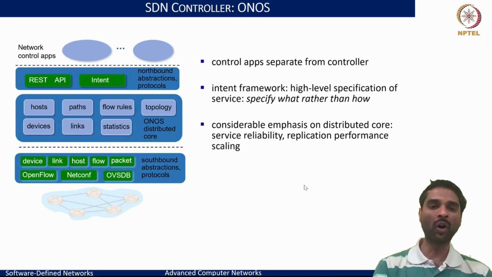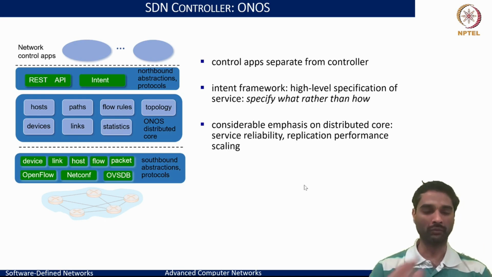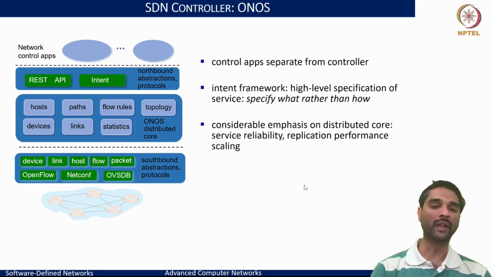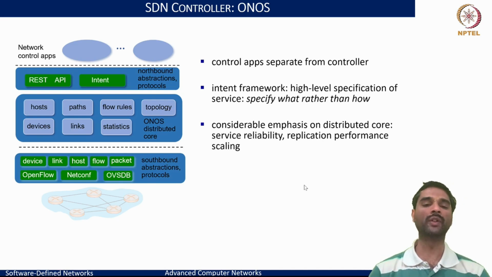And on the southbound, ONOS supports OpenFlow for the control plane support to configure the forwarding plane of the data, and NETCONF as a means for the management plane, the management southbound interface, to communicate with the devices and configure them.